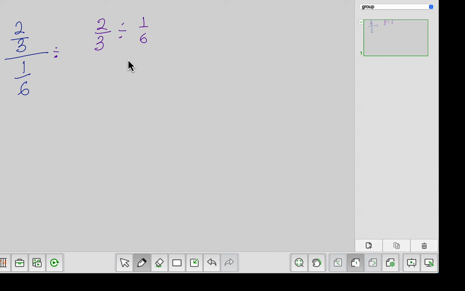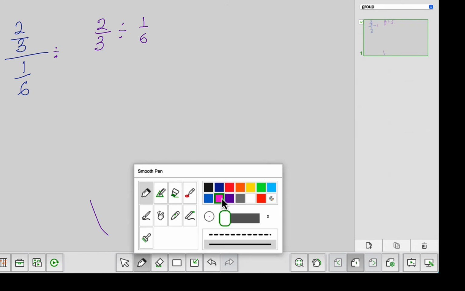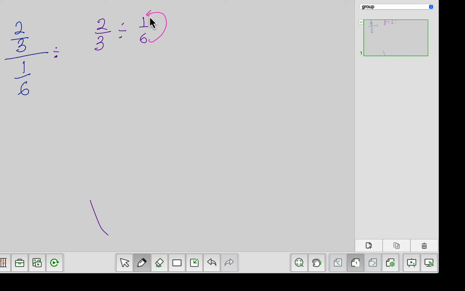In other words, you switch the numerator and the denominator of the second fraction. So it's just very simple. This denominator becomes a numerator and this numerator becomes a denominator. So we eventually wind up with 2/3 times 6/1.